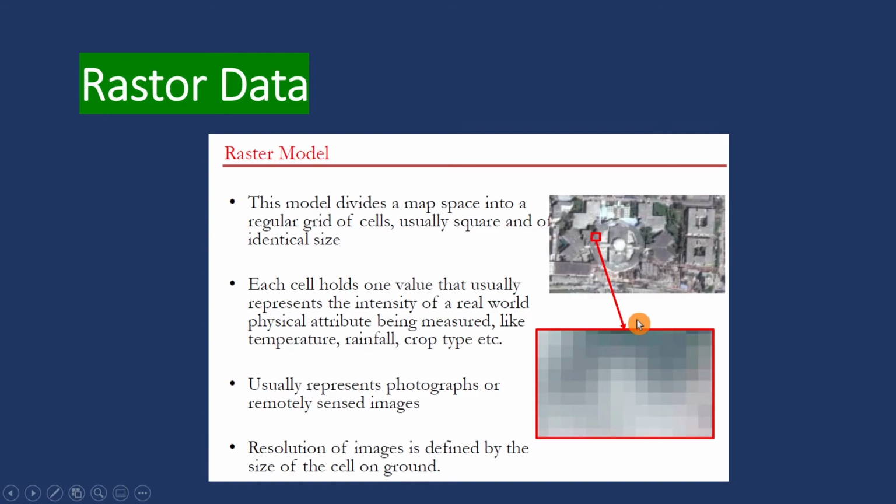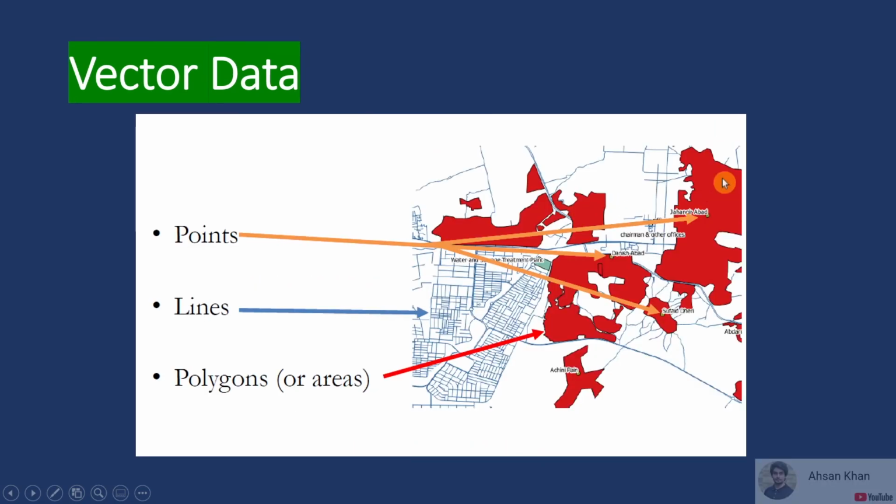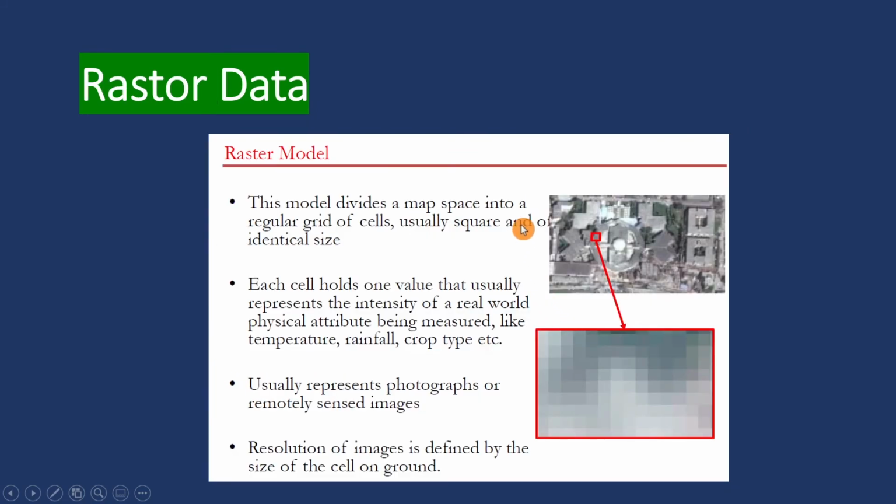You can have some space with yourself, but it's just about understanding the difference between them. If you take this shape and you're not concerned with the information inside this image, you just need the area, then you can convert that from raster into a vector, and that vector will look like simply a color. So this is the difference between vector and raster data.